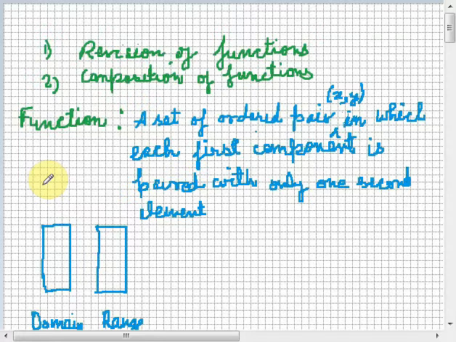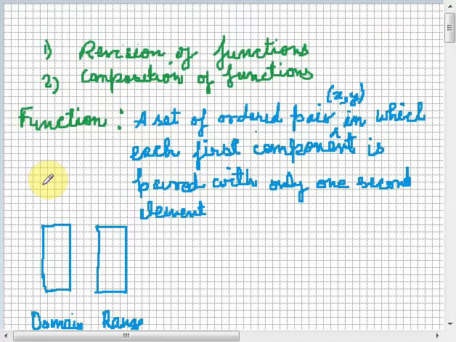The implication of the function as we defined earlier was that each element of the domain must get assigned and no element of the domain can be left unassigned. The second one was that an element of the domain will be assigned to exactly one element of the range.